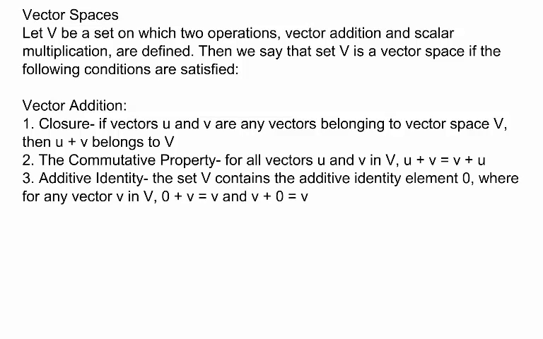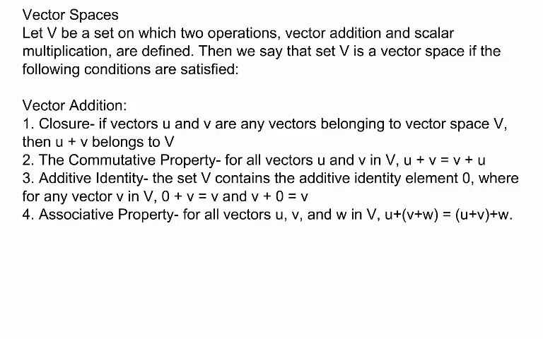The additive identity property. The set V contains the additive identity element 0, where for any vector v in vector space V, 0 plus v equals v, and v plus 0 equals v. The associative property.